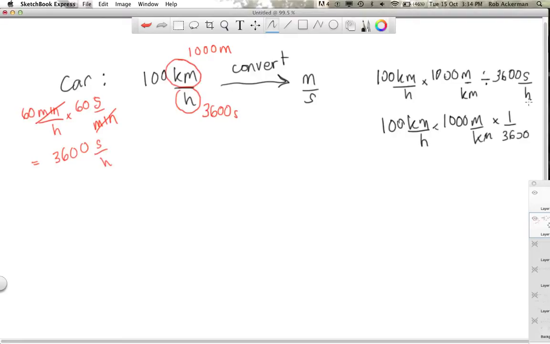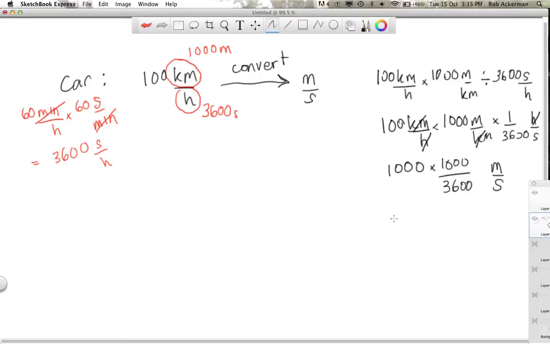This is because we're dividing, and that'll be hours per second. And now look what happens to all of our units. Hours cancels with hours, kilometers cancels with kilometers, and we are left with 100 times 1,000 over 3,600, and that's going to leave us with meters per second.